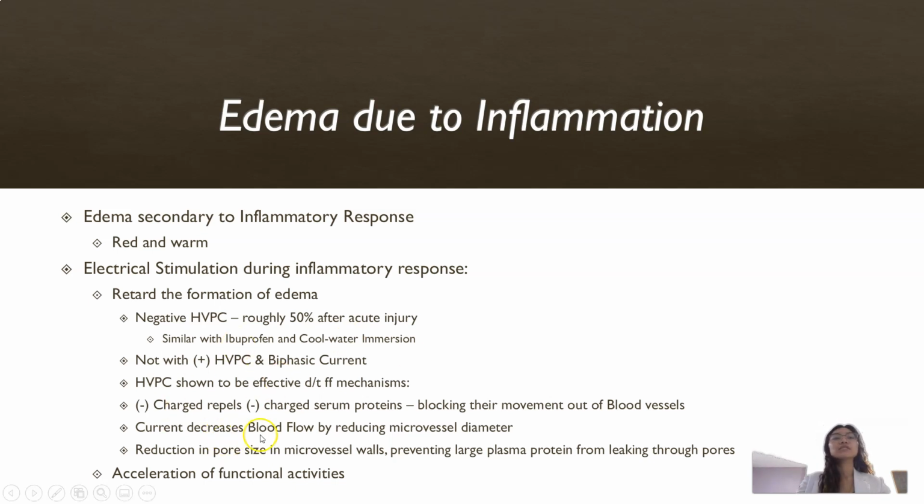Okay, current decreases blood flow by reducing microvessel diameter. Okay, reduction in pore size in microvessel walls and preventing large plasma protein from leaking through those pores. So, ito talaga yon. Alright? Kaya tayo nagkakaroon ng swelling because there is an increased blood flow.